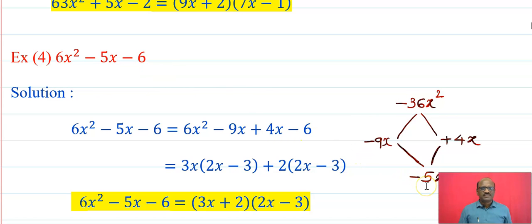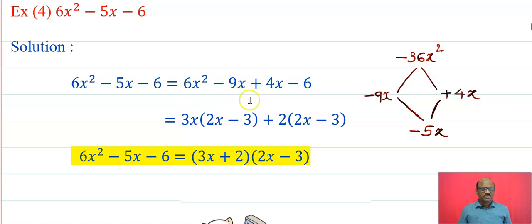Middle term is minus 5x. मग अशा कुठल्या दोन टर्म्स आहेत की ज्यांचा प्रॉडक्ट -36x² आणि त्यांचा सम किती आला पाहिजे -5x. मग 36 मल्टिप्लिकेशन कोणाचं 9 आणि 4. मग त्याला साइन कसं द्यायचं तर -9x + 4x. -9x + 4x यांचं अल्जेब्रिक किती येणार ॲडिशन -5x आणि -9x + 4x त्यांचं मल्टिप्लिकेशन किती येणार -36x². Therefore, instead of -5x, we have written -9x + 4x.